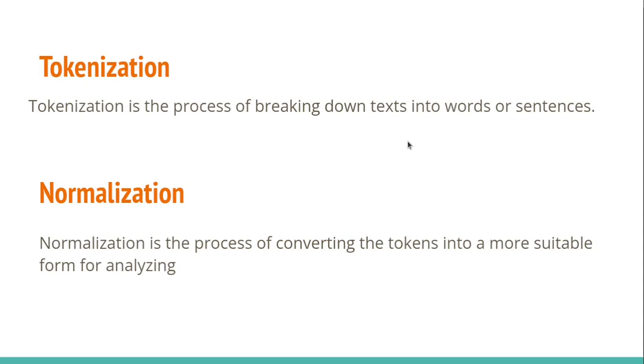This is done to analyze words in a text more easily, because when you have a list of words, it's easier to process them using statistical tools. Normalization is converting a list of words into a more suitable form for processing, like their base form. For example, is, are, was, were are the same word. They have the same base, but they are treated as different words in NLP.